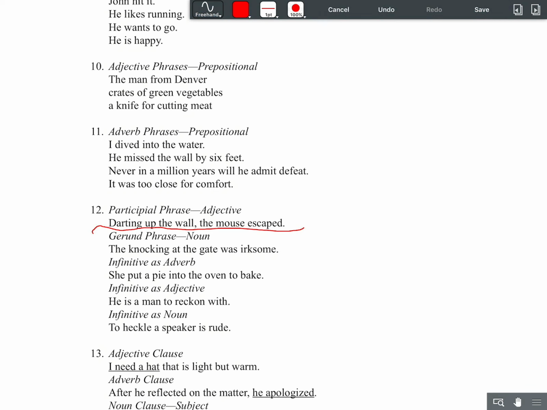So this says it's a participle phrase. And participles modify adjectives. I know that because it says adjective right there, otherwise I would have forgot. But gerunds are for nouns, and infinitives are for various things. And these are verbals, so they take words based on verbs, but you're using them in a different way. Like dart is a verb, but darting is not a verb. So "darting up the wall" is an adjective, according to this. That means it affects the mouse. So it's telling us which mouse, the one darting up the wall.